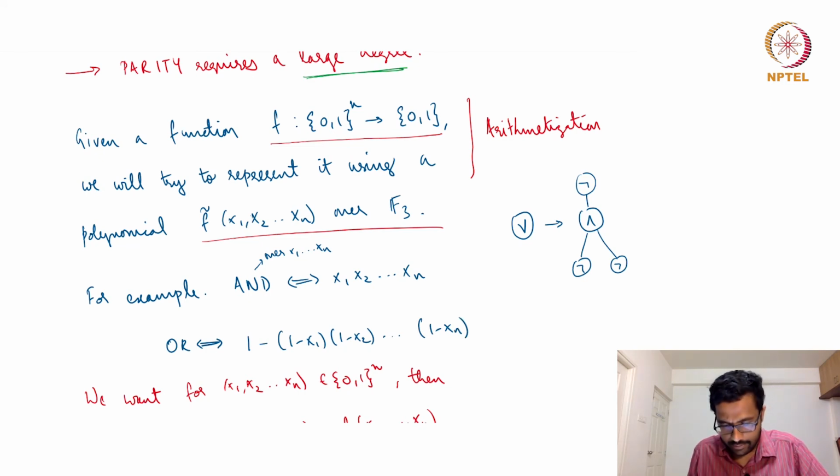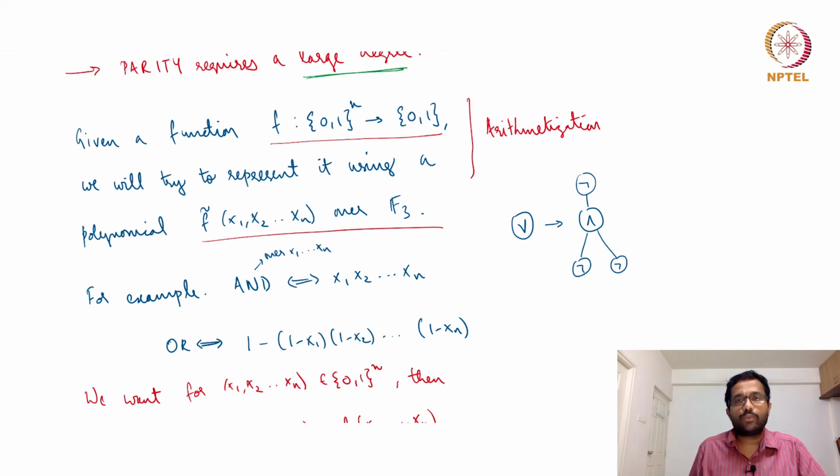So you can verify this, right? In the OR situation, we want the output to be 0 when all the inputs are 0. So suppose x1, x2, all of them are 0. Then 1 minus x1, 1 minus x2, all of them will be 1. So the product here will be 1. So 1 minus the product will be 0. So when all the input bits are 0, the output is 0.